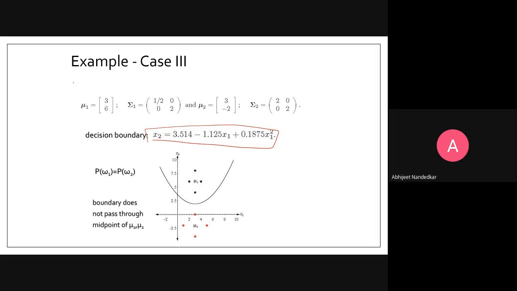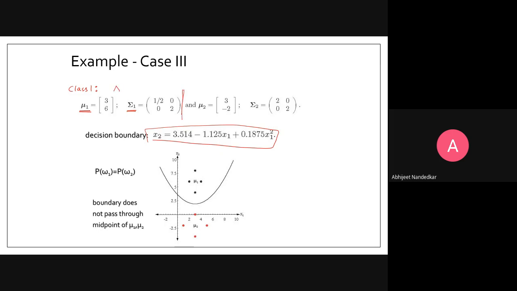The class details are as follows. So for class 1, mu1 is (3, 6). Sigma, the covariance matrix, is [[1/2, 0], [0, 2]]. Okay, so this is data about class 1.